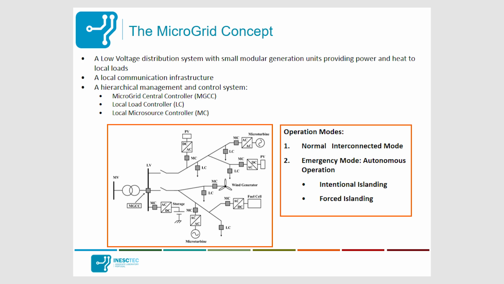It can be intentional or not, as we will see. It can be even a forced islanding, and we can even foresee the possibility of having the microgrids participating in black start, local black start.